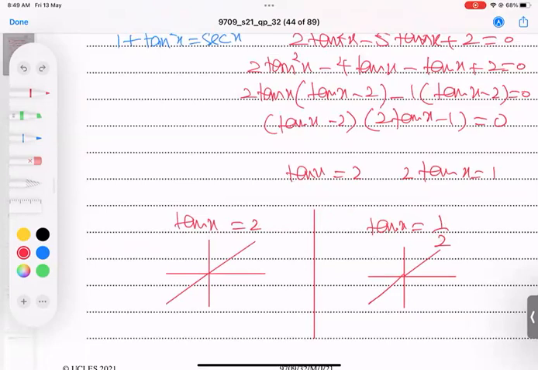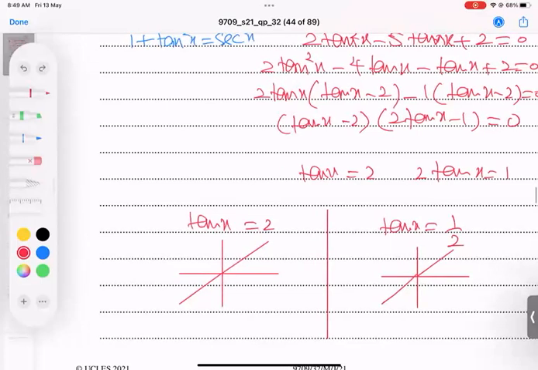After this, yes, I think we're doing fine. When you take tan inverse of 2, what does it give you? Let me check. One minute, please. We have to convert our calculator to radians. Okay.